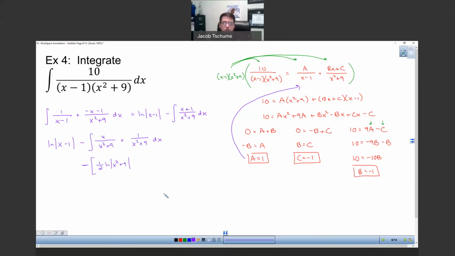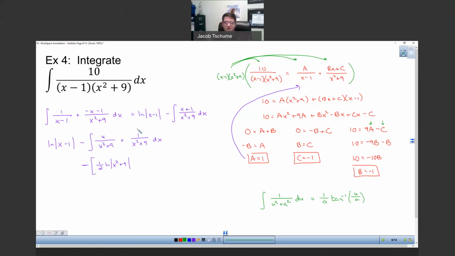This second fraction is one of those rules that we went over at the beginning of 7.1 that I said you would have to know throughout the rest of this class because they randomly show up. So 1 over x squared plus 9 looks strangely familiar to the rule 1 over u squared plus a squared du, where that actually integrates into 1 over a times the inverse tangent of u over a.